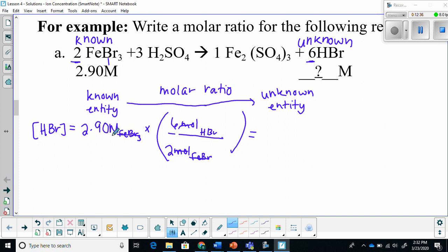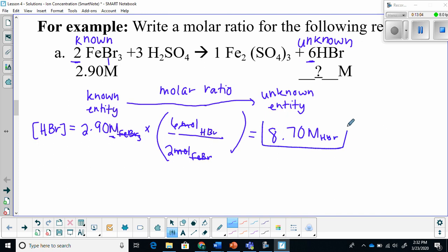And we are left with molarity of hydrobromic acid. When you're plugging this into your calculator, you're going 2.9 times 6 divided by 2. Once you plug this in, you get a molar concentration of 8.70 mole per liter of hydrobromic acid.